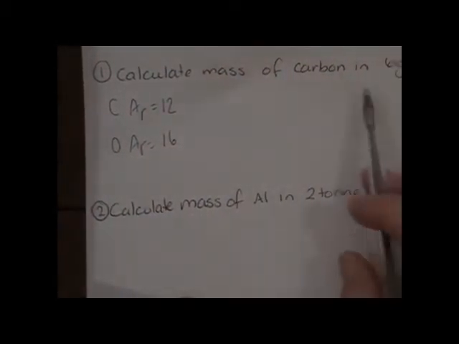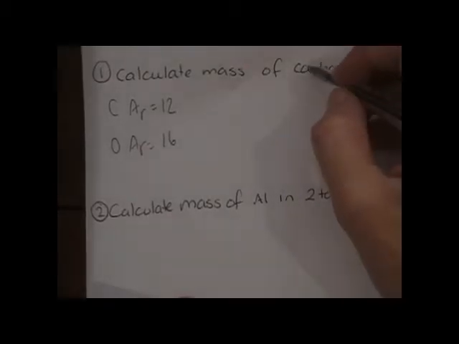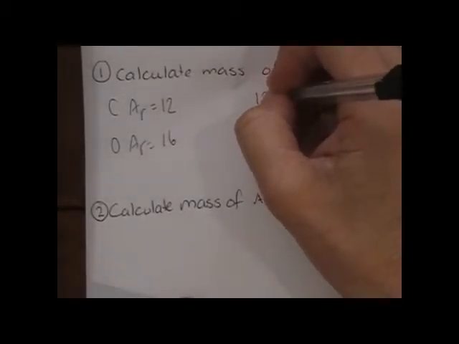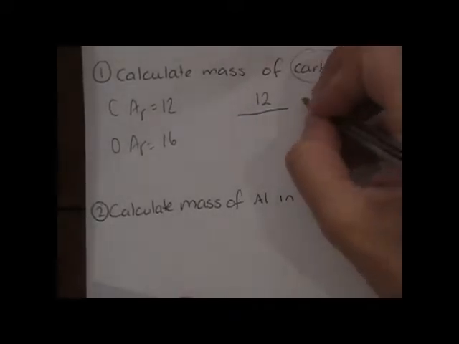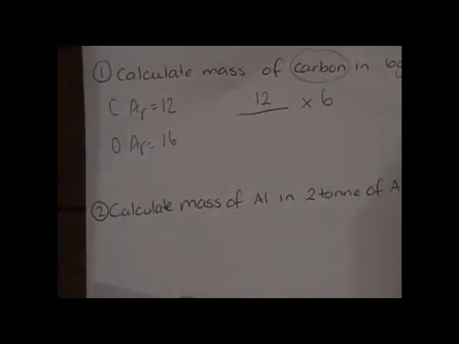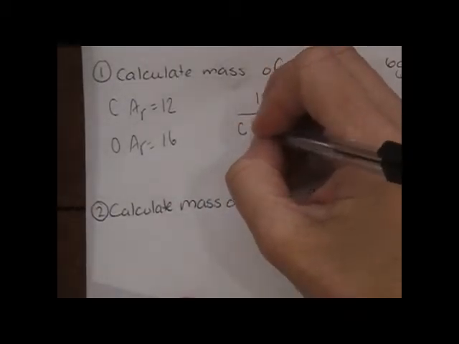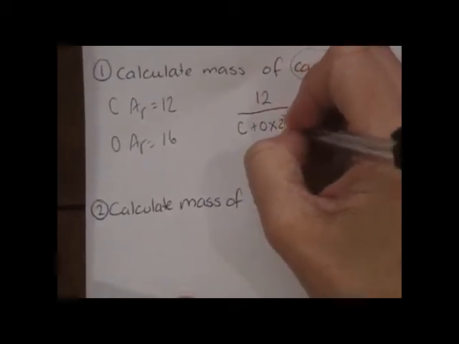So now that I've got that, I'm wanting to find out the mass of carbon, 12, that can go into 6 grams times 6 of carbon dioxide. So that's 1 C plus 2 O's.